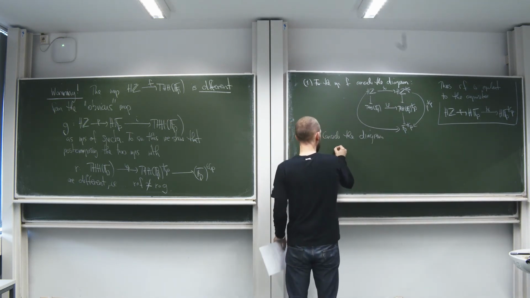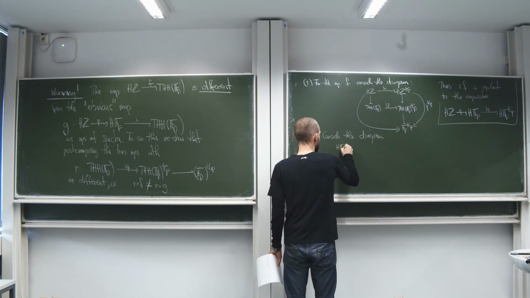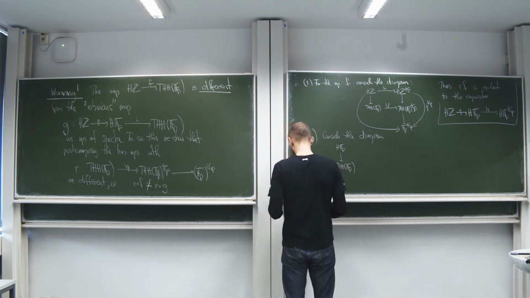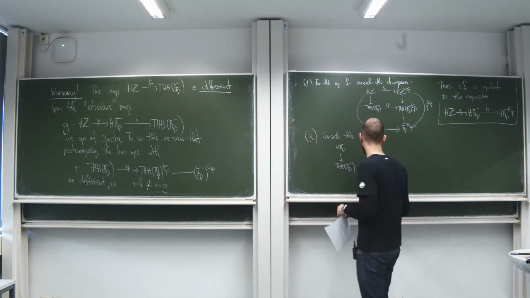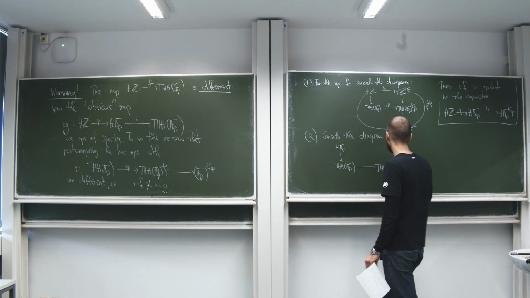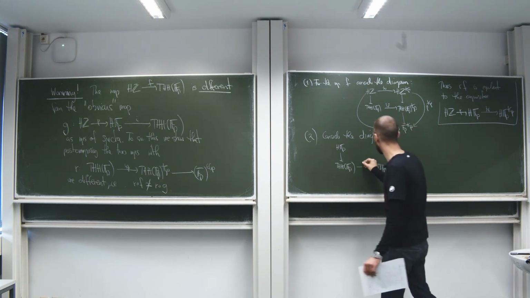So what we do is we can go from HFP. Here we have our bottom cell map. Right, and then we can, or the inclusion, Tate CP with the cyclotomic Frobenius.